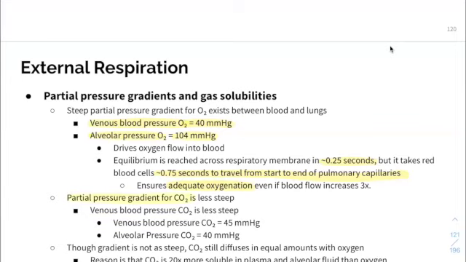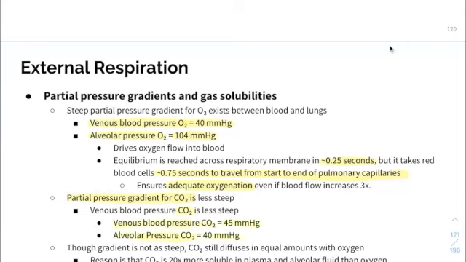Now let's look at the partial pressure for carbon dioxide. The partial pressure for carbon dioxide in our blood is not as steep as oxygen. In our venous blood, it's 45 millimeters of mercury.